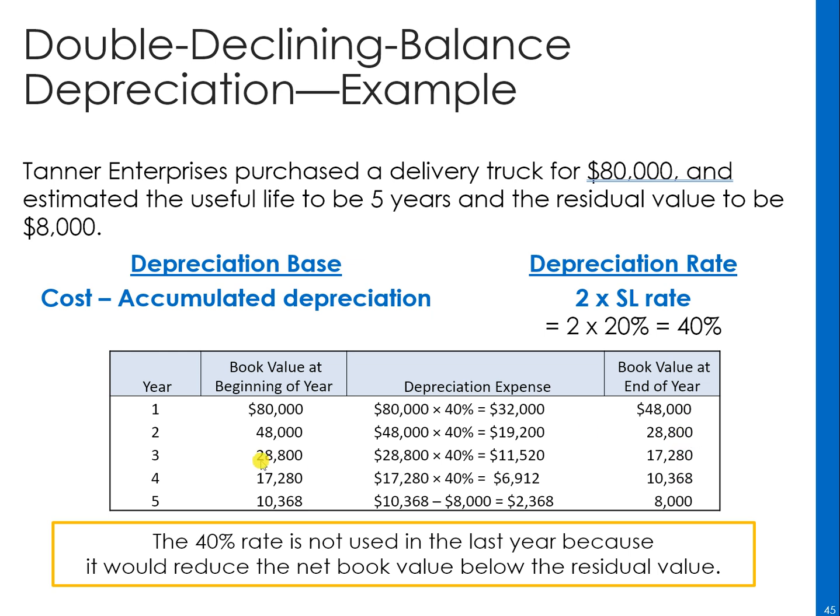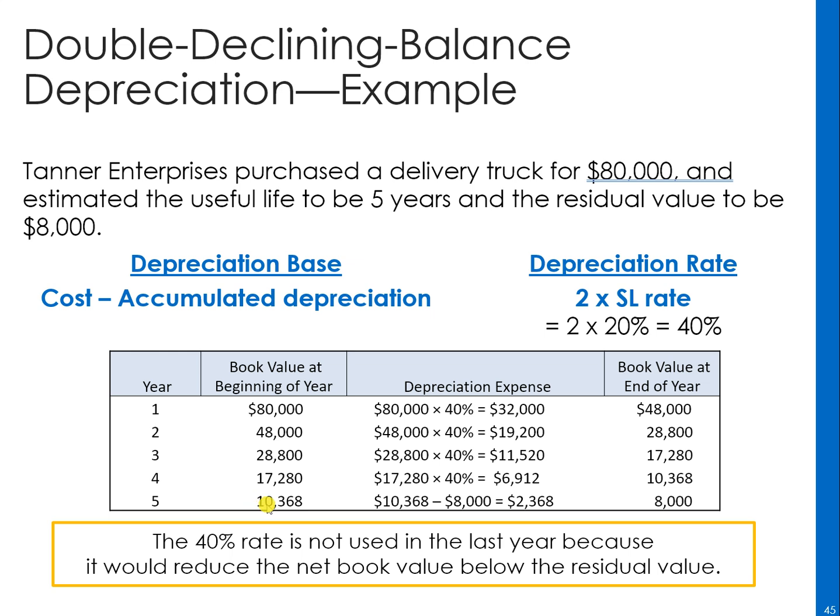We continue with this process with a new book value multiplied by the rate again. We're going to have this new book value. We do that for the 4th year.